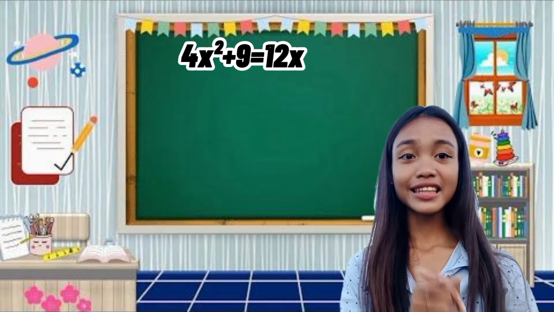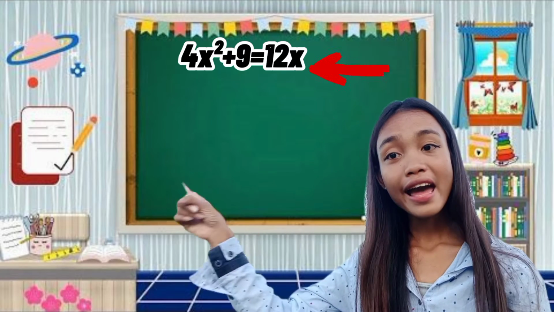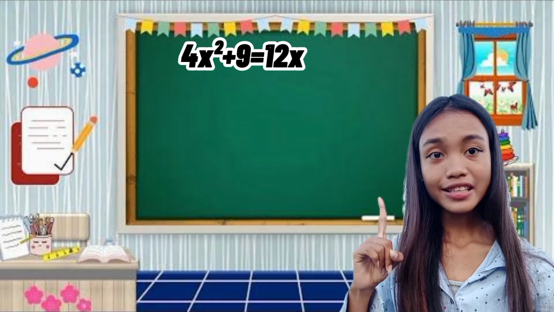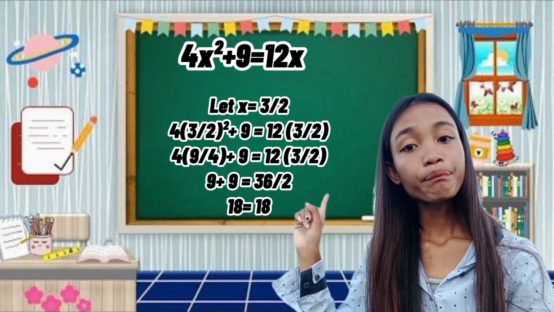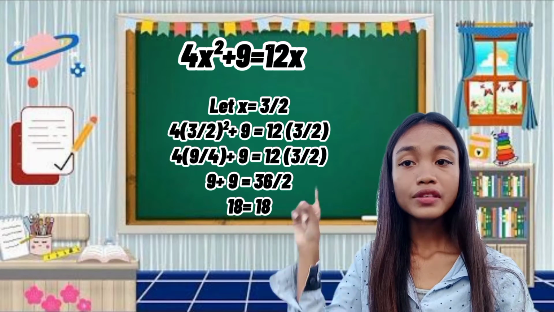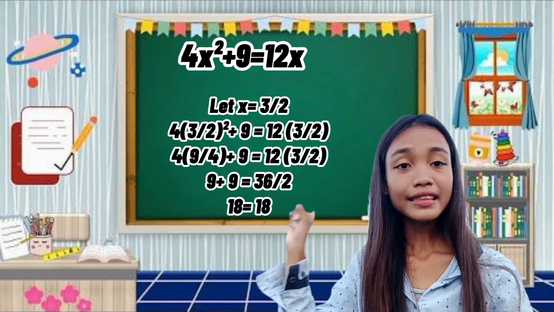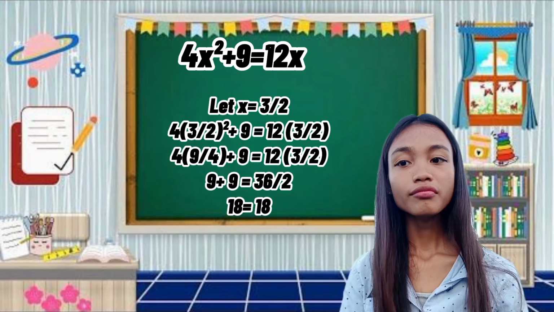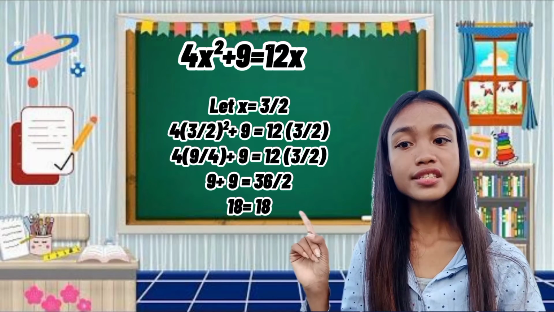To check this, we are going to use the original equation, 4x squared plus 9 equals 12x. We are going to substitute 3 halves for x. So 4 times 3 halves squared plus 9 equals 12 times 3 halves. 3 halves squared is equal to 9 fourths.